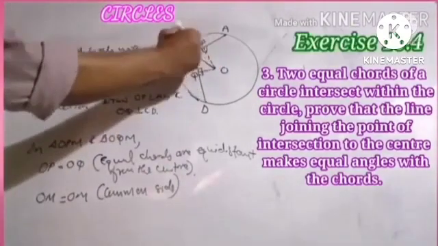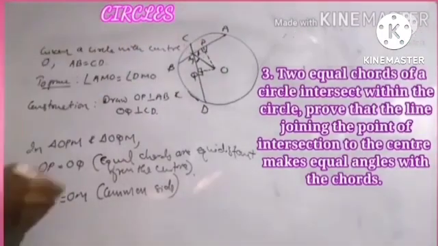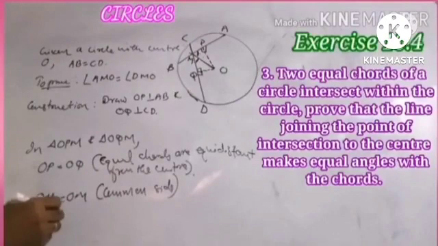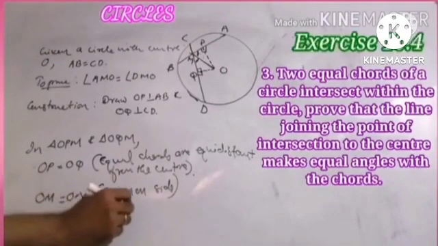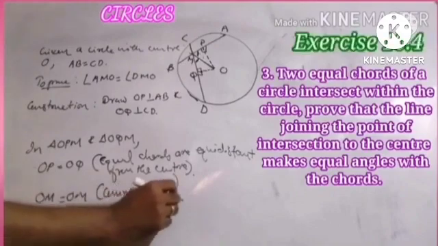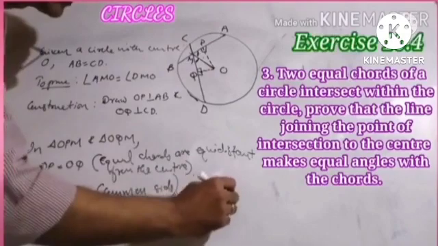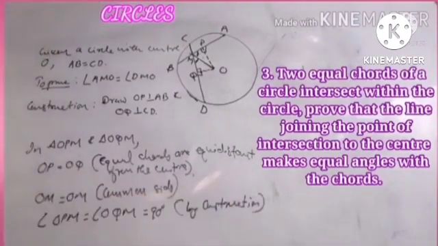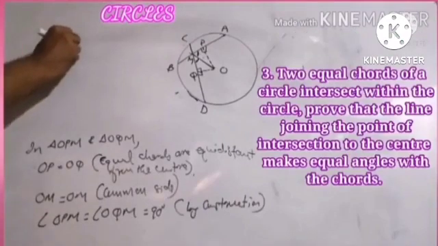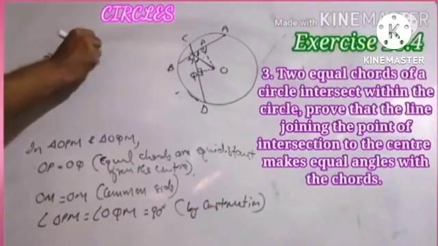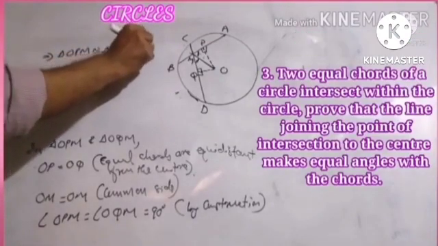One more: angle OPM equals angle OQM, 90 degrees each by construction, because of the perpendiculars. Which implies triangle OPM is congruent to triangle OQM, by RHS congruency.